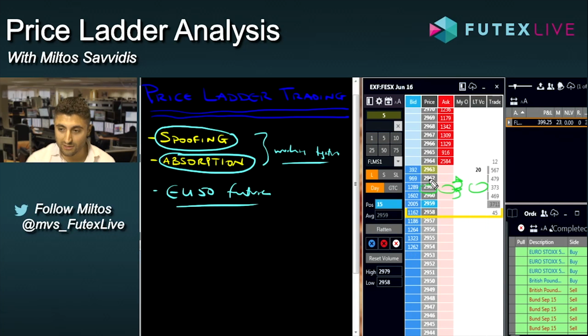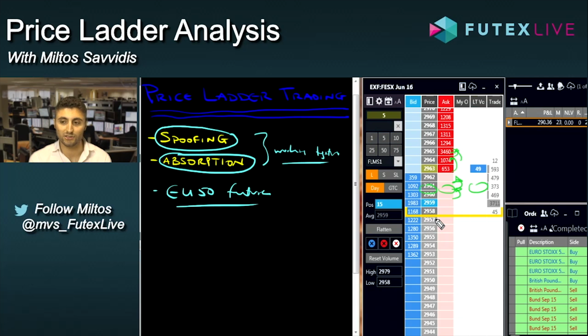And again, 13 lots at 62s, 20 lots at 63s, and he just keeps moving it up 1 price, and up 1 price, and up 1 price. Now, we've just gone from 59s to 63s in a matter of seconds because that 3,000 lot has now pulled up the page and moved his offer up the page.